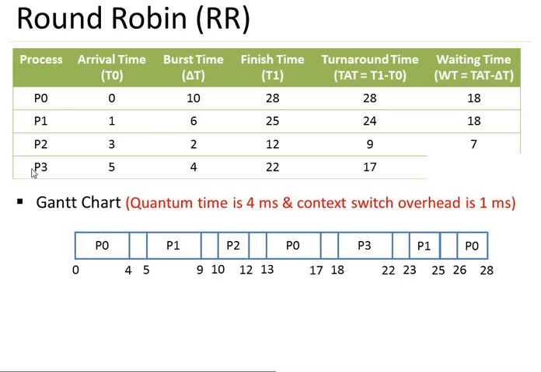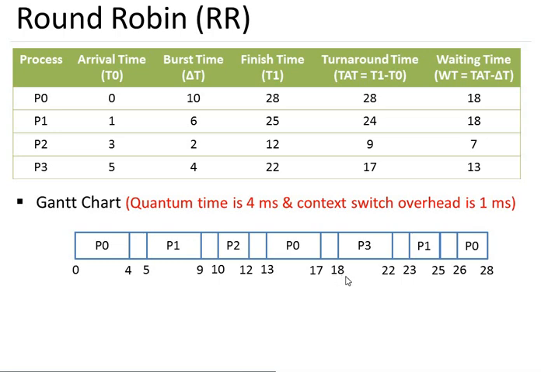After that, process P3 is completed at 22, and it arrived at 5. So 22 minus 5. What is the waiting time?